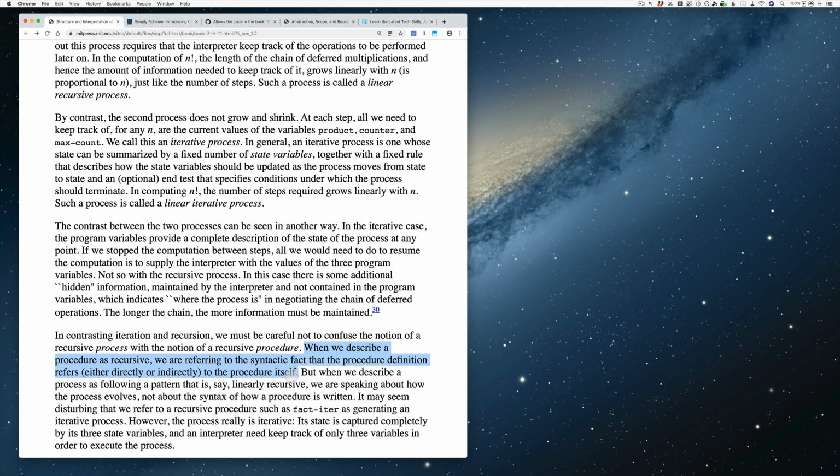But when we describe a process following a pattern that is, say, linearly recursive, we're speaking about how the process evolves, not about the syntax of how a procedure is written. Could you have a linearly recursive process that didn't have a recursive call? Question mark.